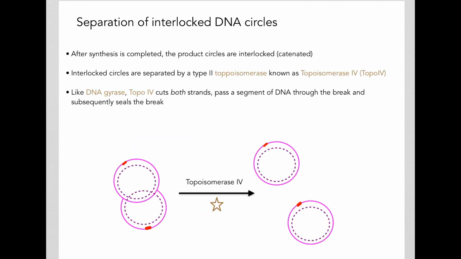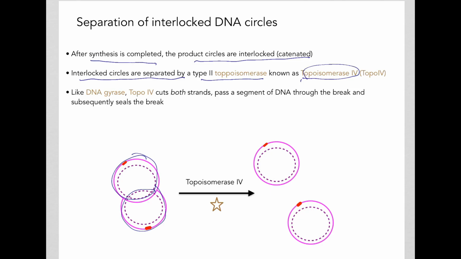After the synthesis is completed, the product circles are catenated, or interlocked. You can see this circle is interlocked with this other circle, and these interlocked circles are separated by a type 2 topoisomerase called topoisomerase 4, or topo 4.